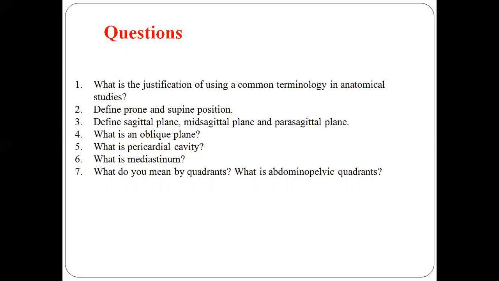What do you mean by the quadrants, and what are abdominopelvic quadrants, and everything which has been studied. So these are a few questions which have been put so that it might help you for all the exam purposes.